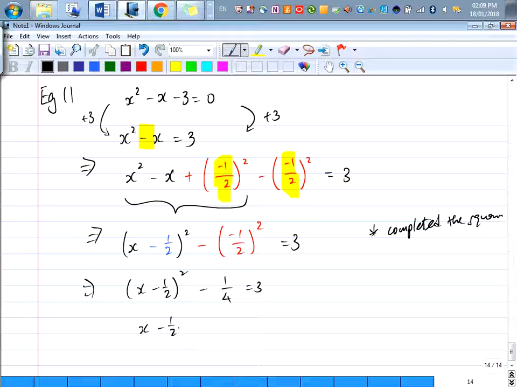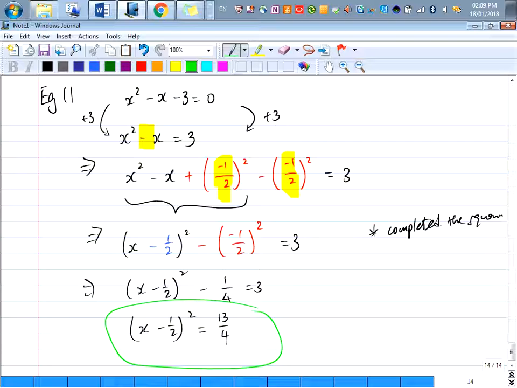X minus half square equals to 3 and 1/4, which is 13 over 4. Right? This is what we want to see. This is what we want. Because it becomes very easy to solve this. What do we need to do to solve for x at this point in time?